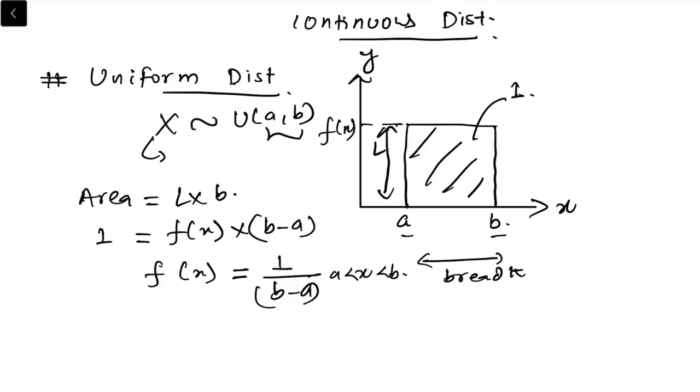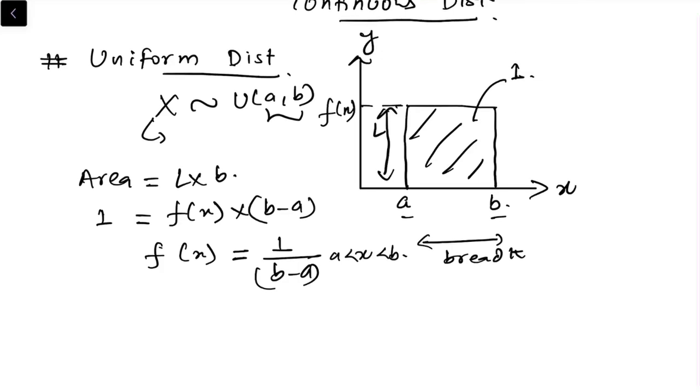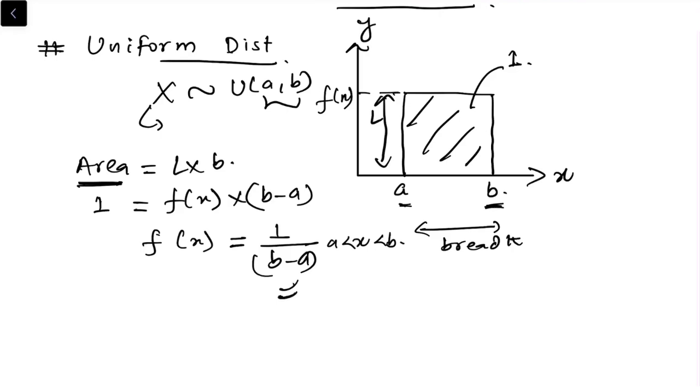Here you can see the area is 1, the total probability is 1, and the values are positive because this area is in the first quadrant, and a and b are positive values and b is greater. So b minus a is certainly positive. So this satisfies the conditions of a PDF. So this f(x) is the PDF of the uniform distribution.